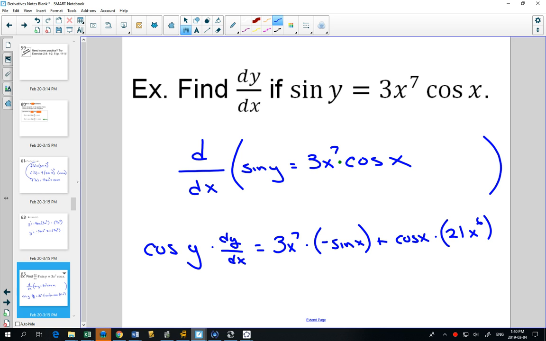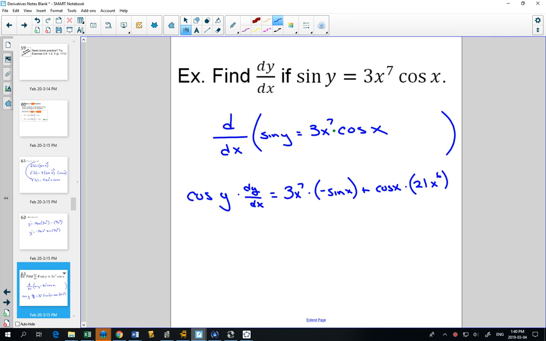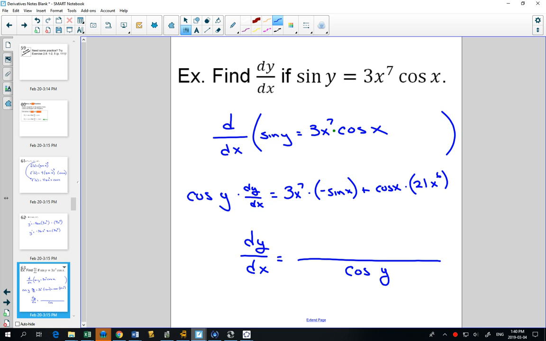We want to solve for dy/dx. So in the end, we just need to divide both sides by cos y, so we'll get 3x^7 times negative sine x plus cos x times 21x^6.